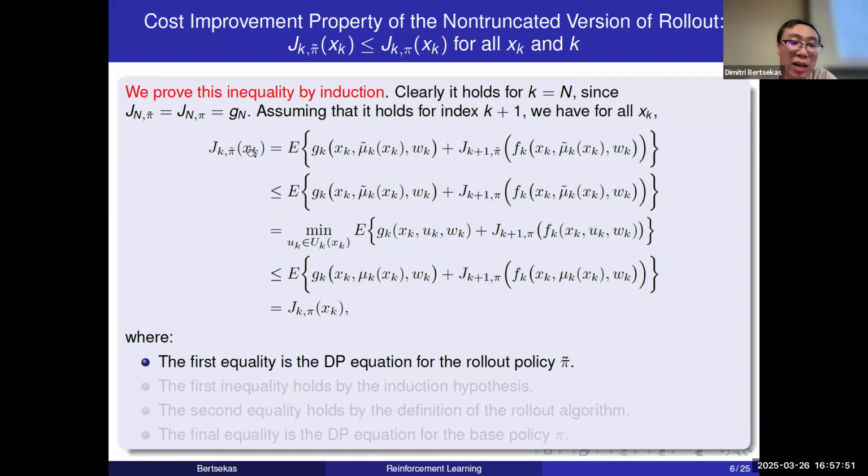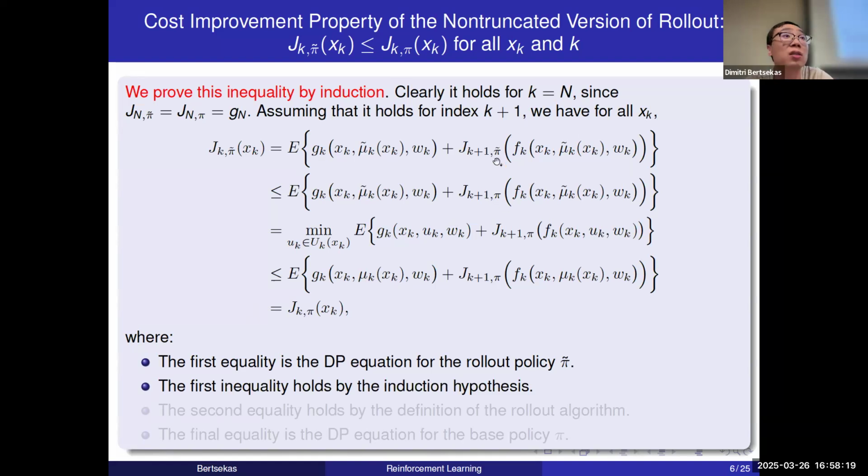At the current stage x_k, we apply mu_k tilde, and the cost of the rollout policy equals the current stage cost plus the cost-to-go starting from the next stage. The first inequality holds because of the induction hypothesis. We have assumed this inequality holds for k plus 1.